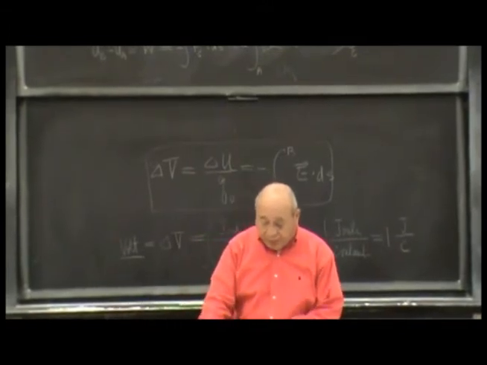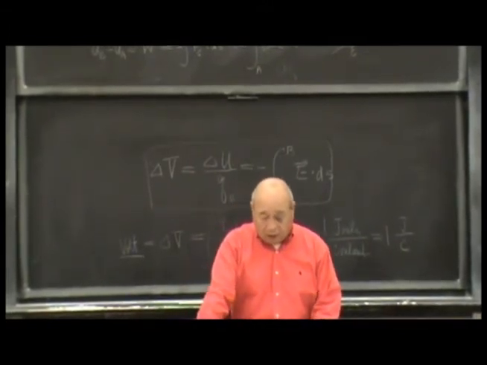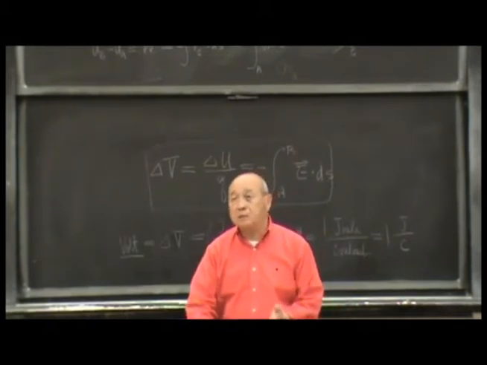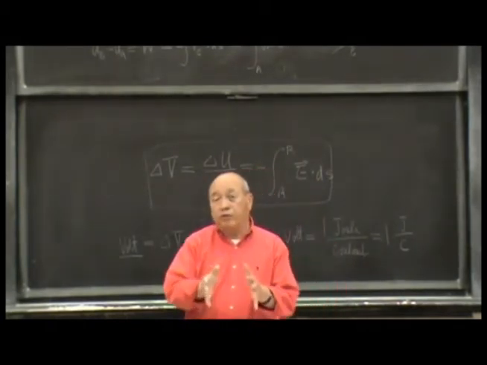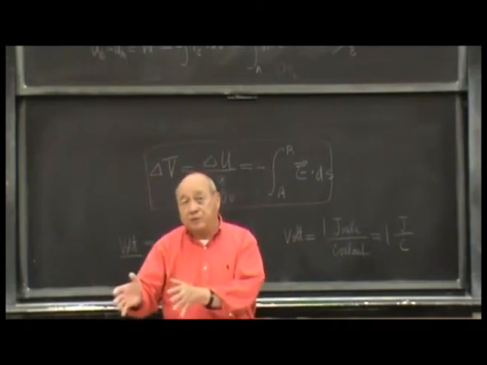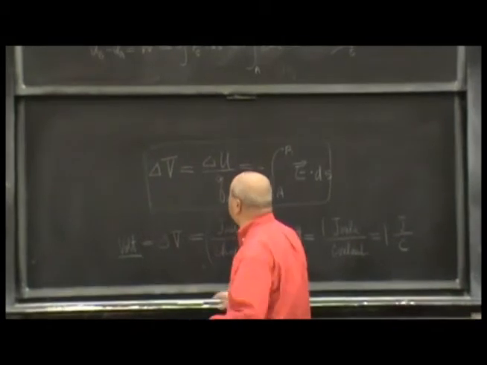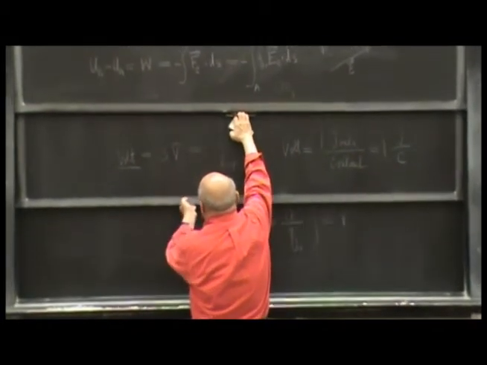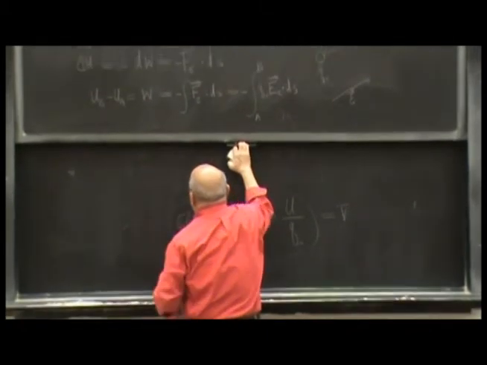Now we will apply this to the uniform field. That means the electrical field in which the potential does not change, so we can anticipate that this has a structure, a figure.